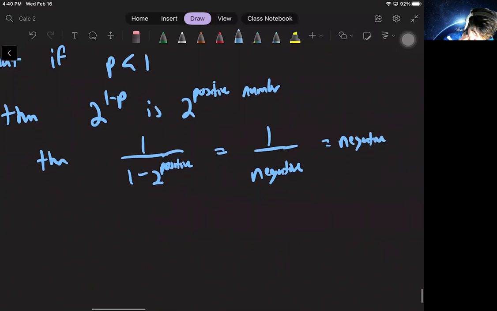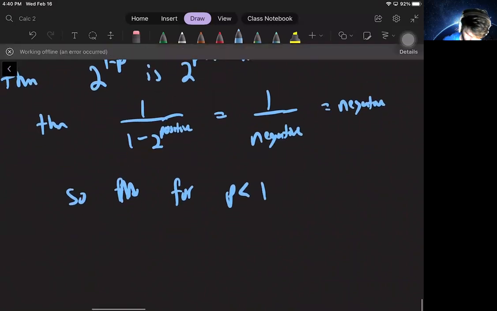So this will be a negative number. Now what this means is, when you have p being less than 1, then this bound does not apply.